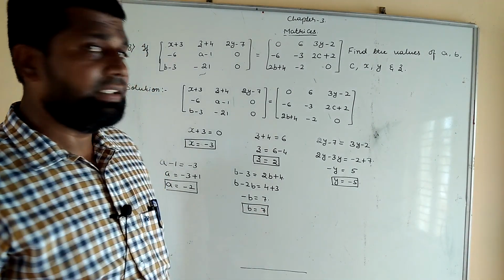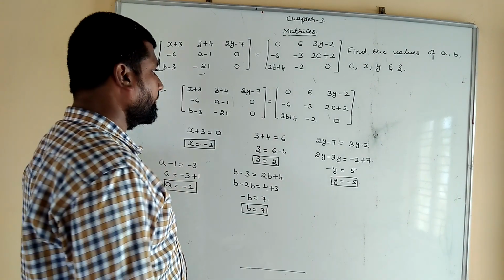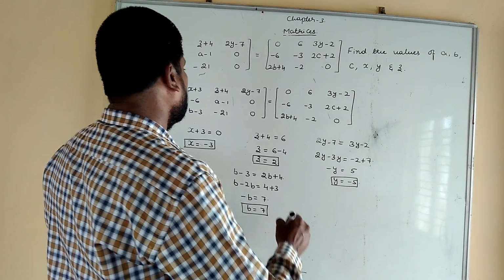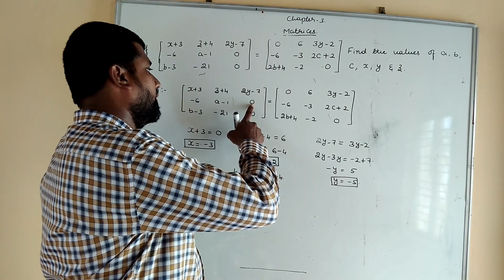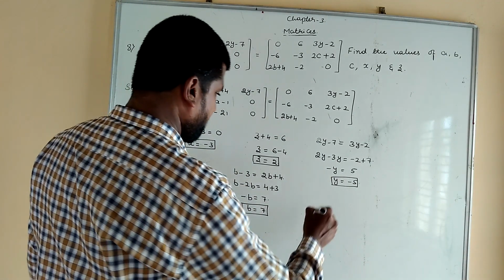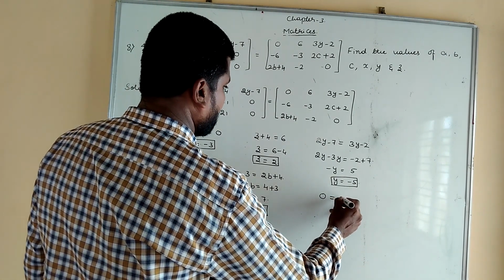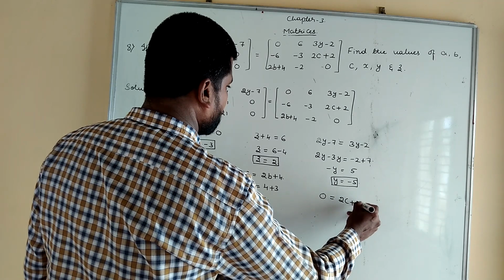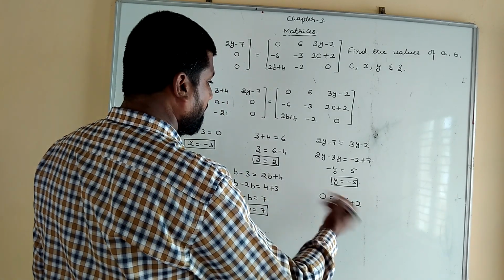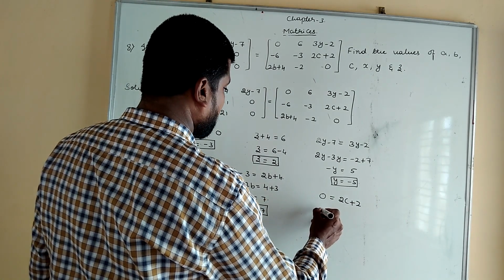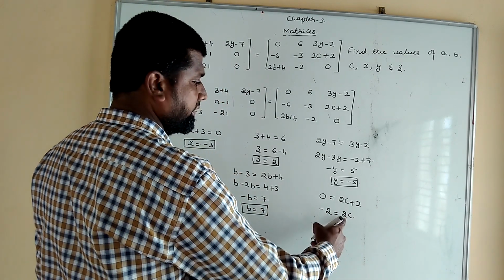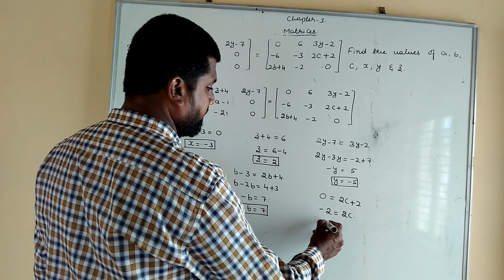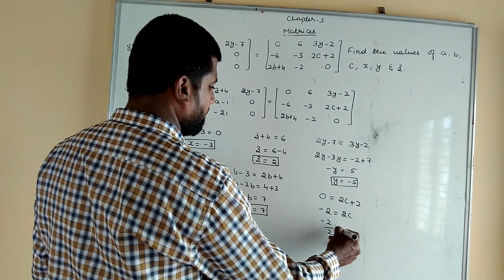Let us find the c value. To find the c value, 0 is in the place of A23. 0 is equated with the corresponding element 2c plus 2. Then shift the 2 to the left, you will get minus 2 is equal to 2c. Then shift the 2 to the denominator: 2 by 2 is equal to c.